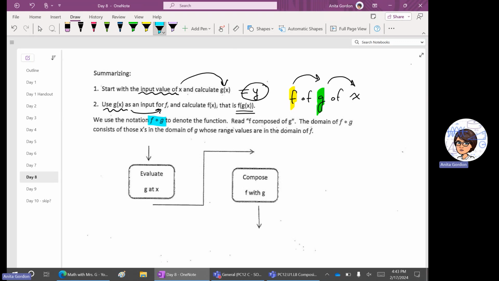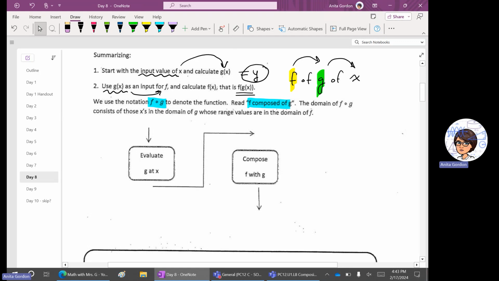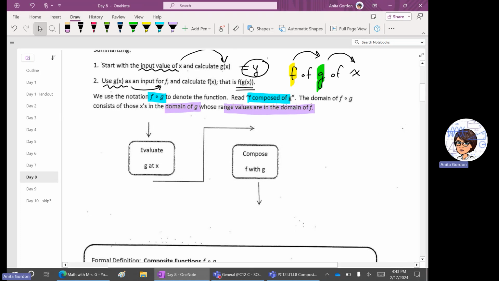And this reads that f is made up of g, or f is composed of g. And the domain of f of g consists of those x's in the domain of g whose ranges are also in the domain of f. And it's a bit wordy here, but essentially this is what we're saying.